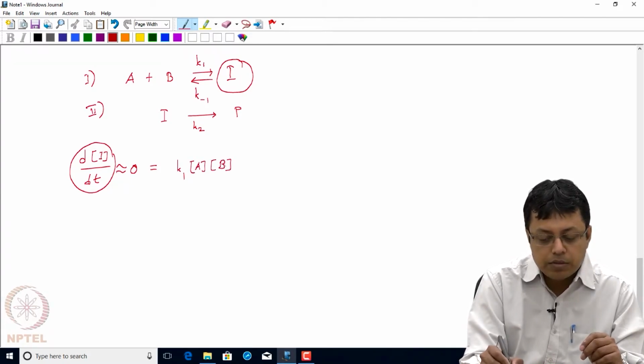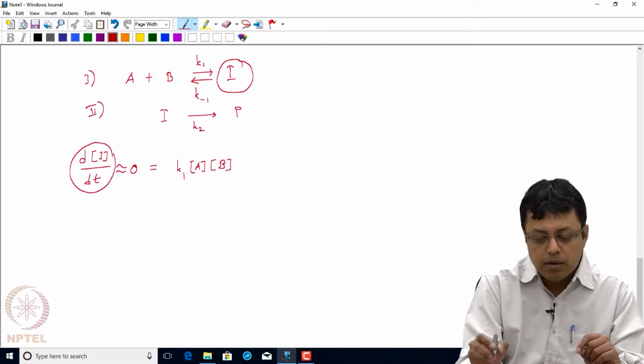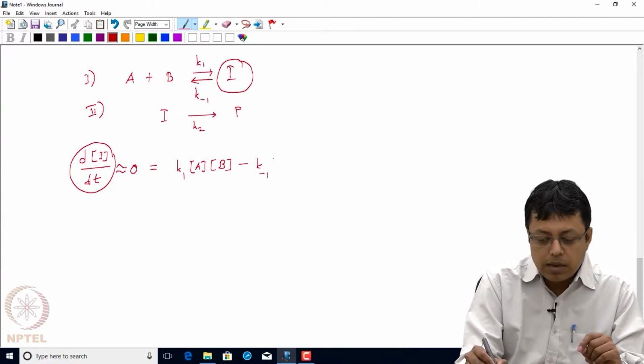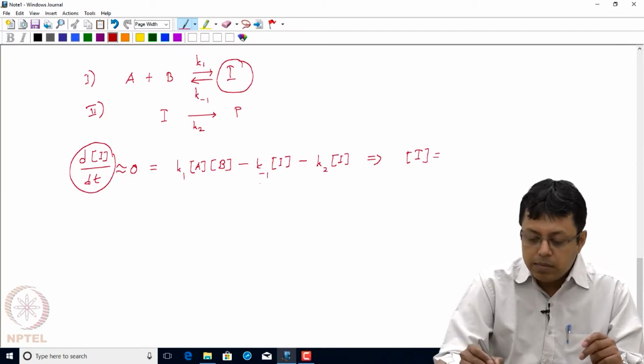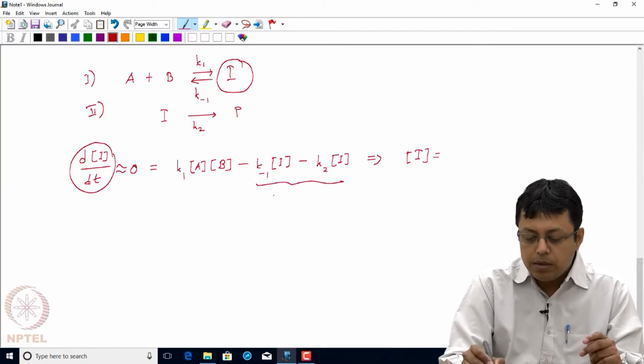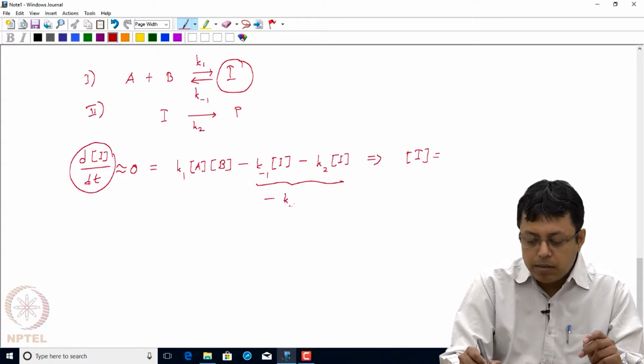These are all elementary reactions, that's why from stoichiometry I'm directly writing it, and it is also being decomposed with a rate constant K minus 1, and then it is also decomposing in the second step into the product. So if I collect the terms, I can easily see that dI/dt is nothing but, if I take I as common, minus K minus 1 plus K2 into I.